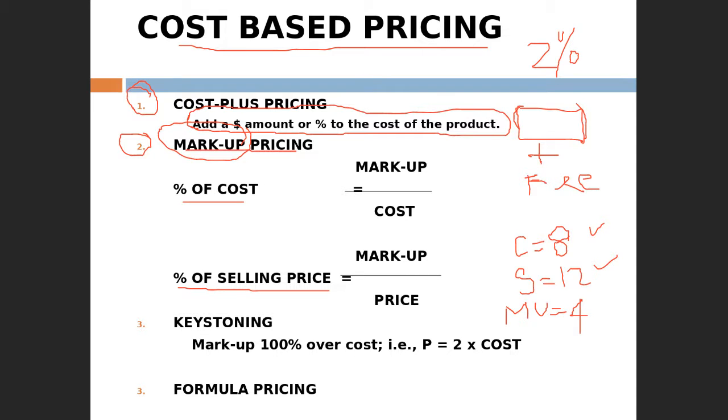You with me? Now let us look at this. When the markup is expressed as a percentage of cost, the markup is $4. What's the cost? $8. So the markup is 4 over 8, the markup as a percentage of cost is 50%. Good?